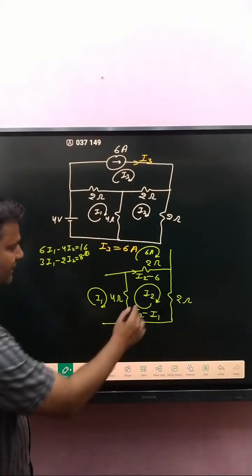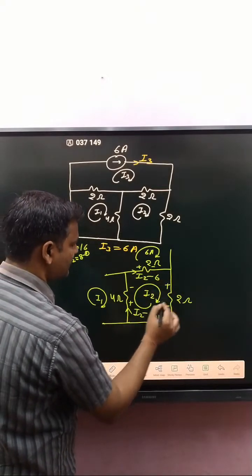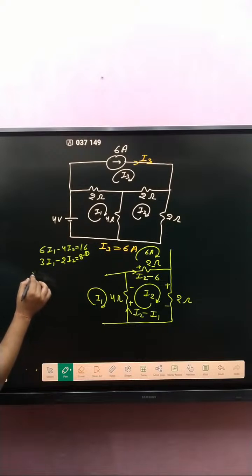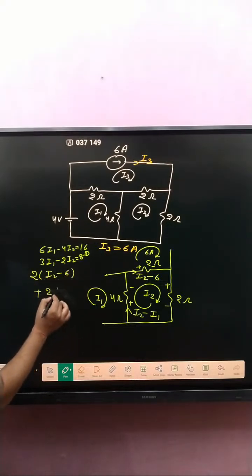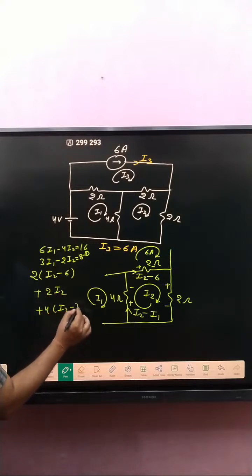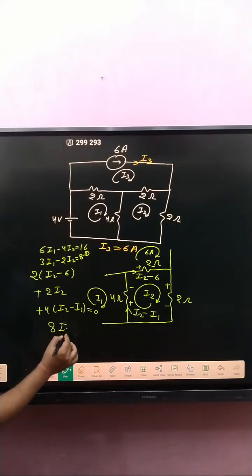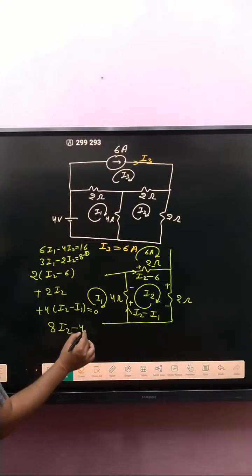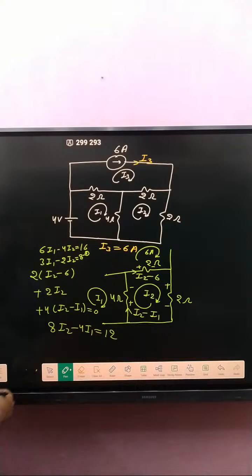After that, apply KVL in this loop, simply plus minus plus minus. So 2 into I2 minus 6 plus 2 into I2 plus 4 into I2 minus I1, this is equal to 0. So 2, 2 and 4, that is 8 I2, and minus 4 I1, this is equal to 12.